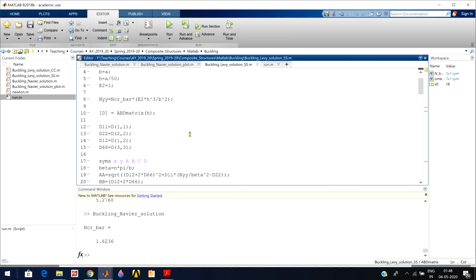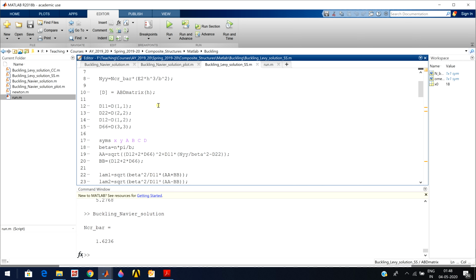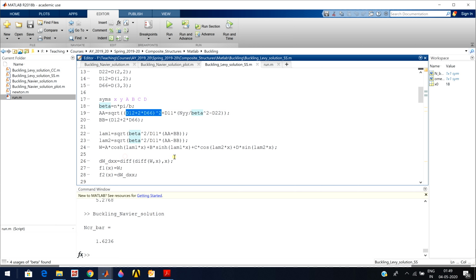To explain this code, it is similar to the Navier solution in the vibration case. So here you just define this with beta, then define lam1 and lam2, and then w.